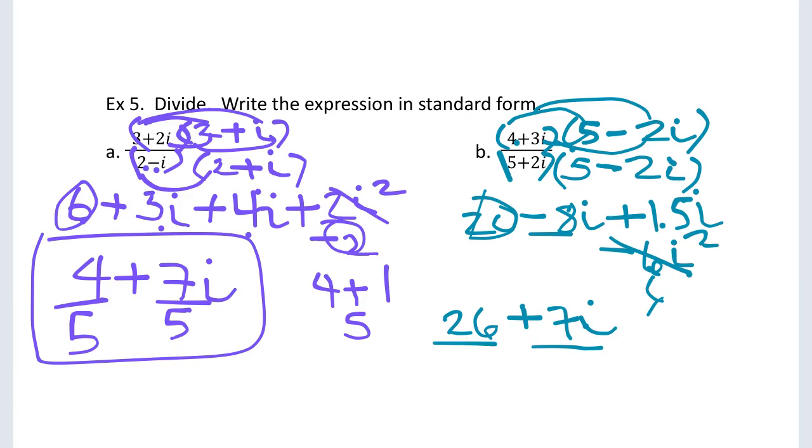And then the denominator would be 5 squared plus 2 squared. 25 plus 4 is 29, the denominator.